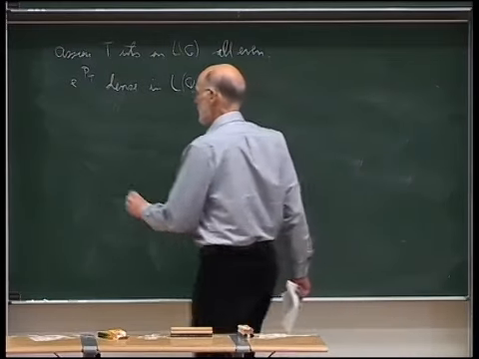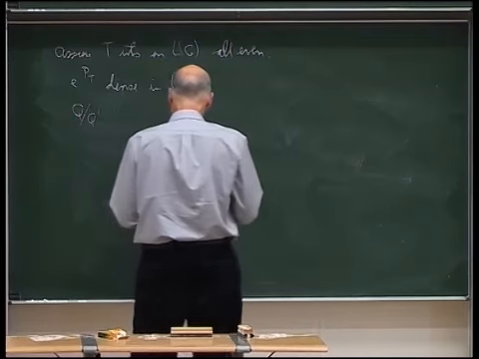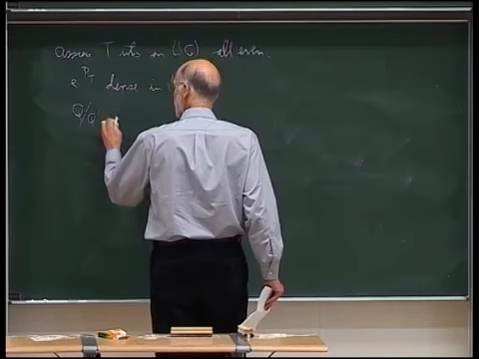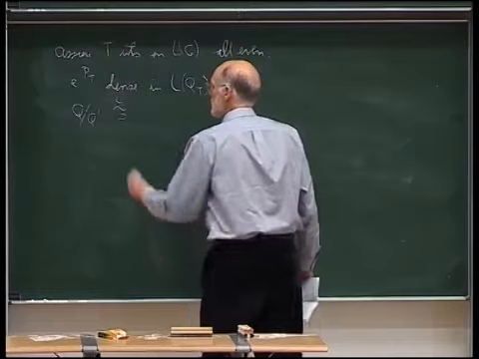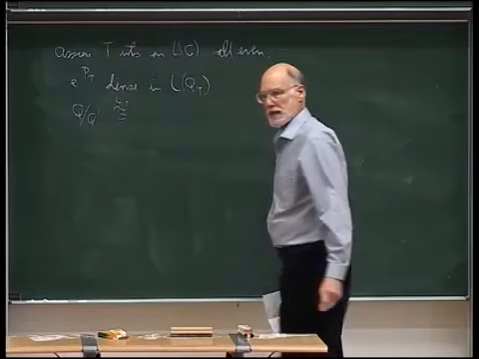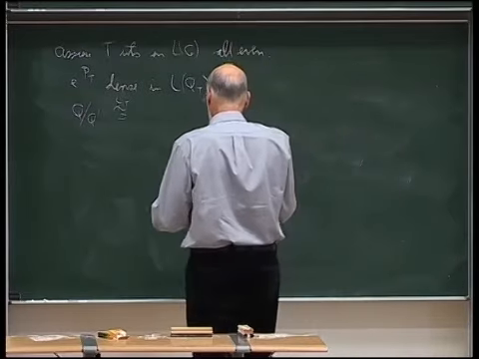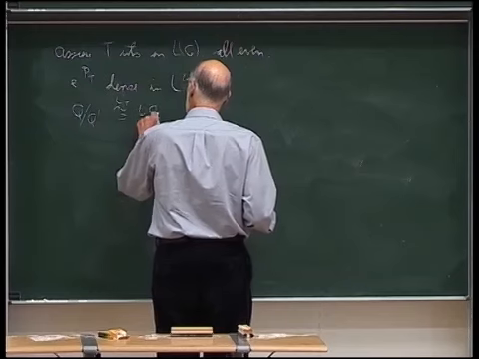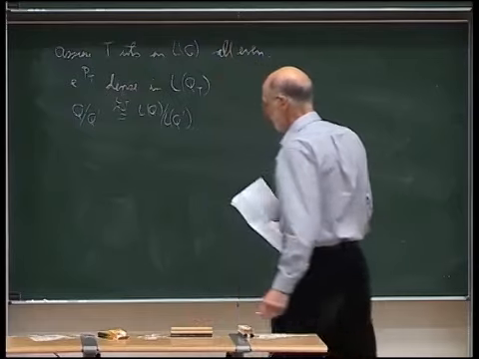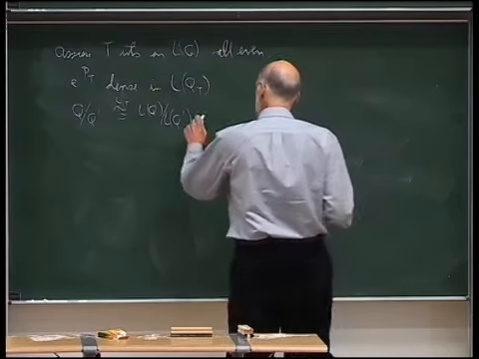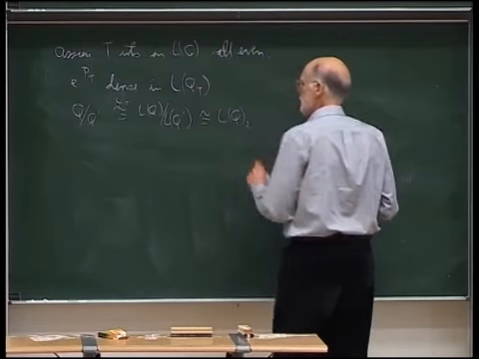Now, Q over Q prime is isomorphic, at least in the reaction of this, L sub T, I guess, product of root groups, to L of Q over L of Q prime, which is isomorphic to L of Q sub 2.